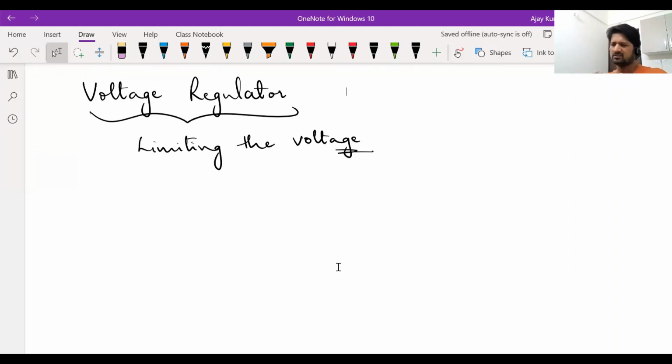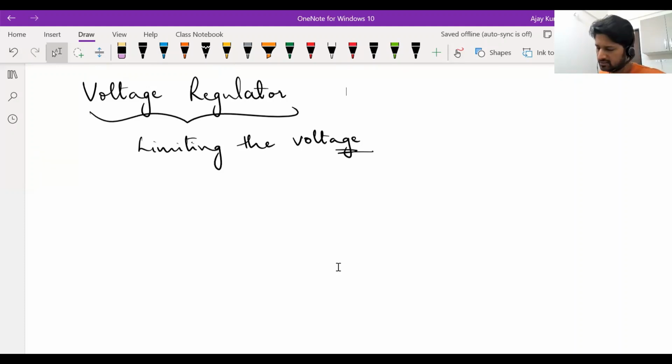Usually you will see these in the adapters. The electronic devices that we use, they use charging adapters. It will have a voltage regulator inside it. So even if there is a fluctuation in the power supply, the adapter will be able to adjust the voltage such that the device operates safely.